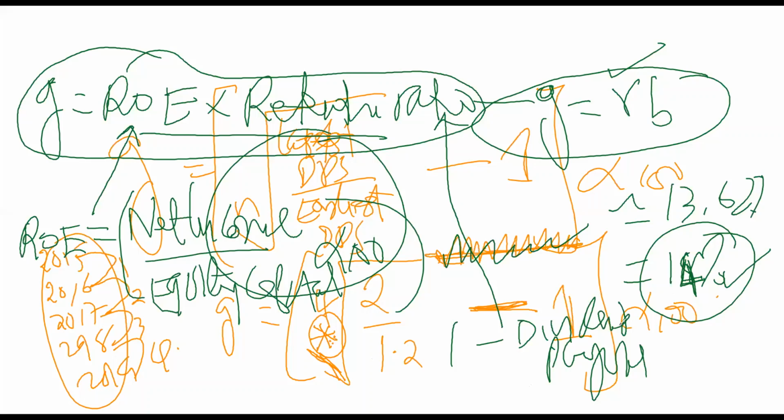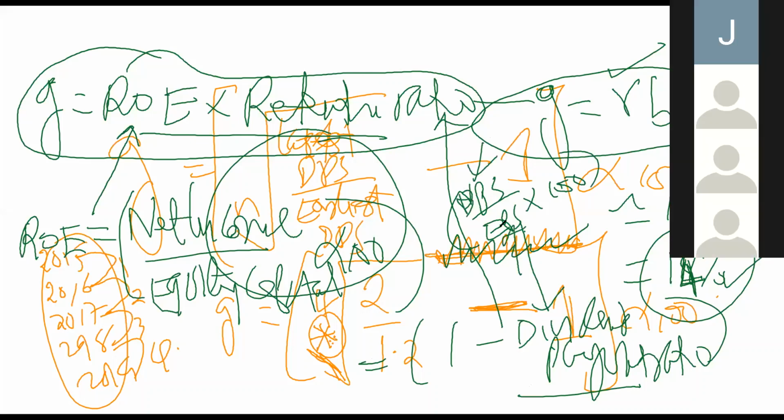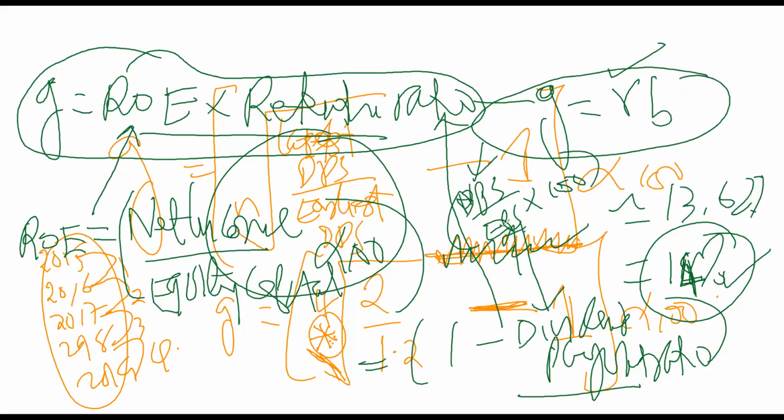Now, how do you get the dividend payout? What is the formula for finding the dividend payout? You may take dividend per share over earnings per share times 100, or total dividends over total net income times 100. That should give you the dividend payout.